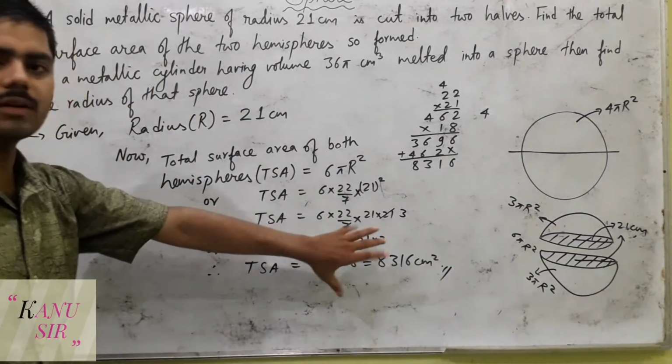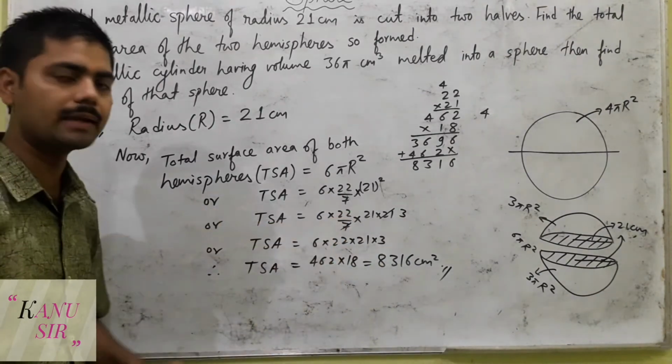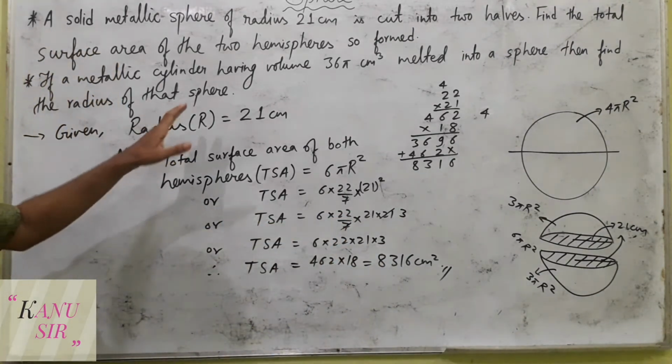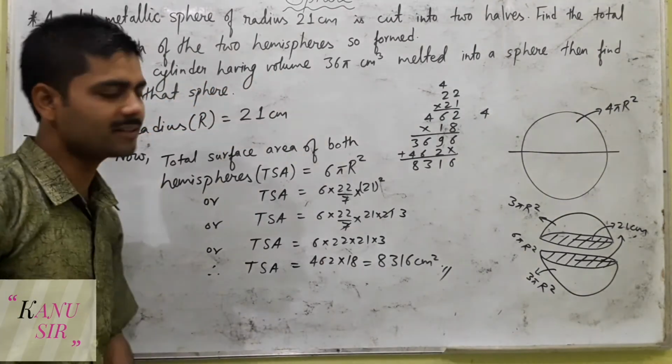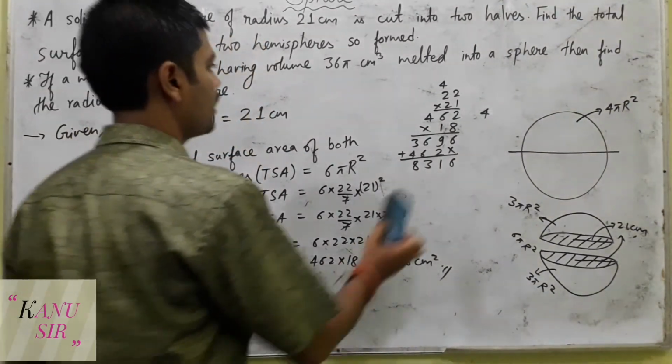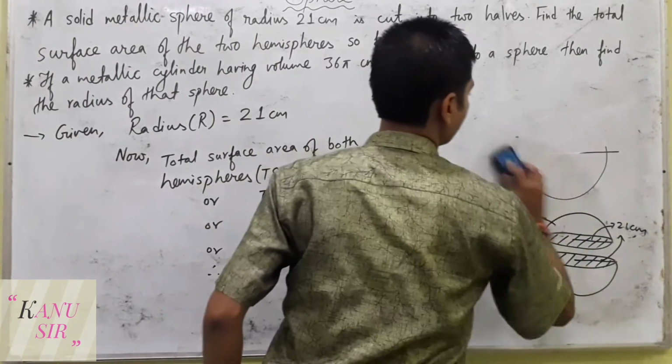So you can use a calculator here if it is really finding length here. Now let us go for the next question: if a metallic cylinder having volume 36 pi centimeter cube. So here the topic has come about the cylinder.